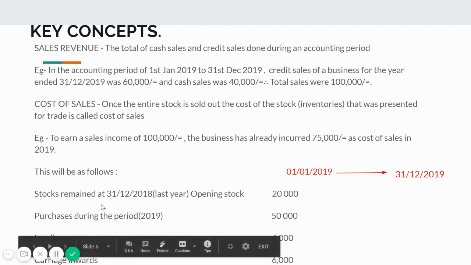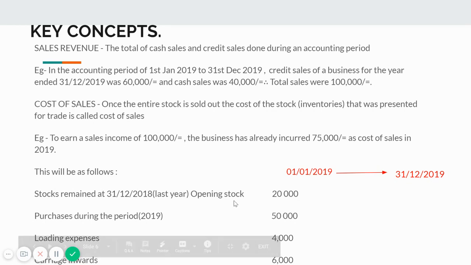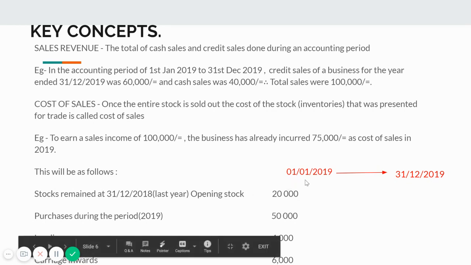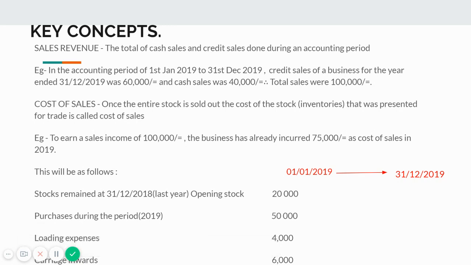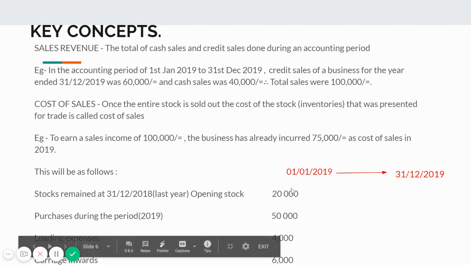This is the stock remaining from last year, which will be the opening stock. We can also name it the stock as at 1st January 2019. When you work out more sums in future, sometimes they will not use the word opening stock, they will use the stock as at 1st January 2019. That is the opening stock.